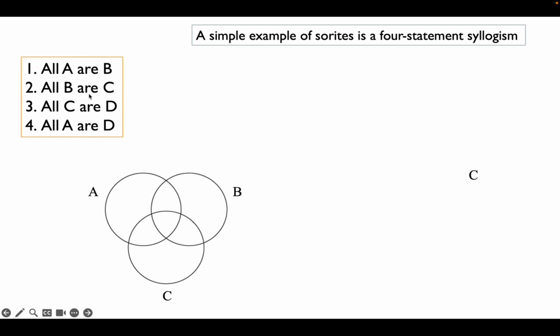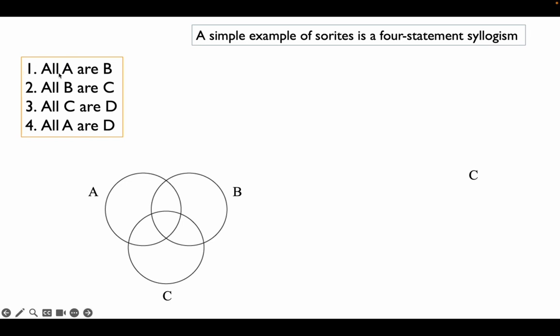But where is the conclusion? Well, the conclusion is an intermediate. It would be right here in between. It would be an intermediate statement that we have to derive by diagramming premise 1 and 2. You always diagram 2 statements.